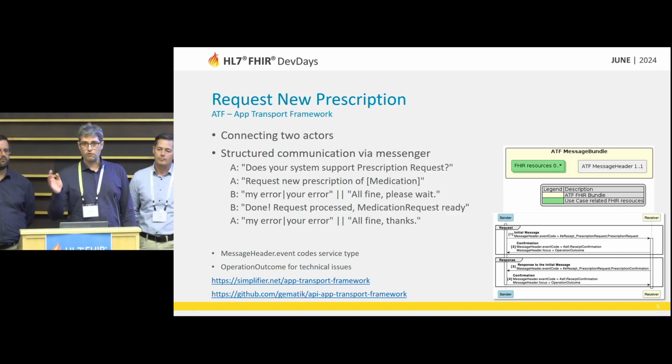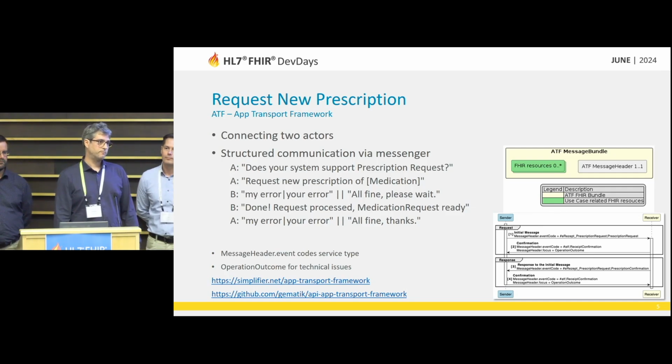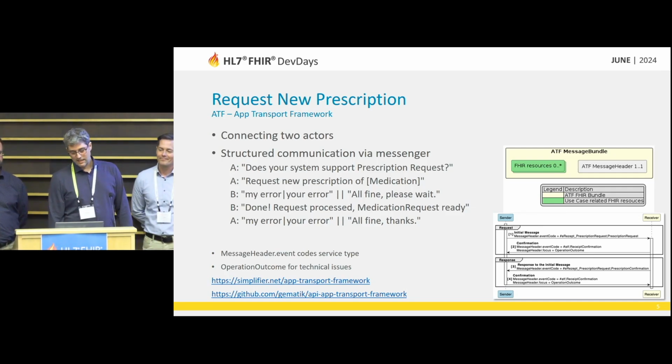So they send, fine, please wait, I'm doing my process. Or in case the software does not provide this functionality, they say, sorry. And when the doctor office has built up the medication request, signed it, and everything is done, the nurse can go to a pharmacist and take it. You get the information that it is done.